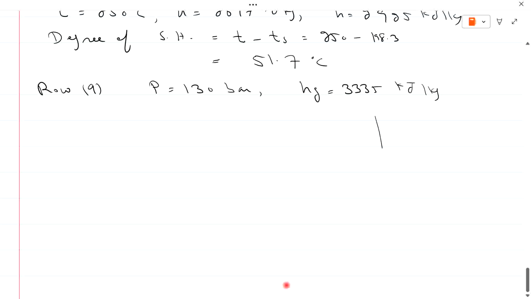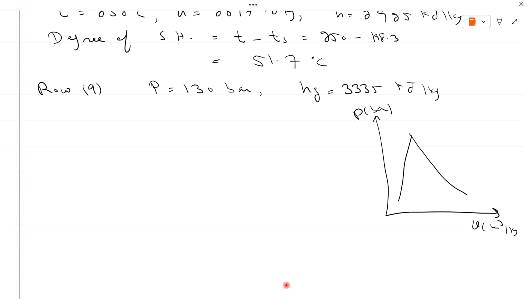Now we check whether these properties are in the wet region or in the superheated region. So this is the saturation curve. Pressure is 130 bar. This is the constant pressure line. This point will be Hg. This is H, not Hg.